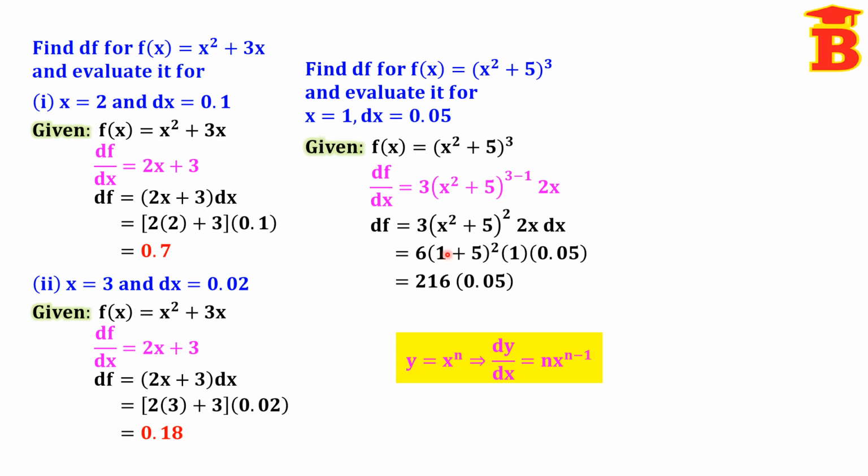Now 1 plus 5 is 6, 6 square 36, 36 into 6 216 into 0.05. Finally multiply this, we get the answer 10.8.